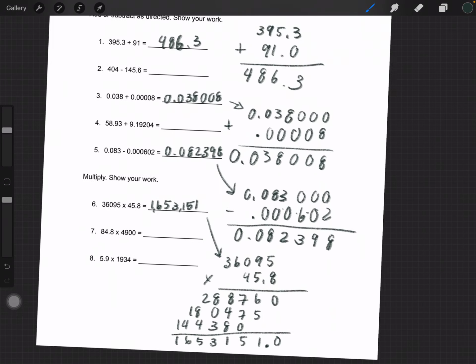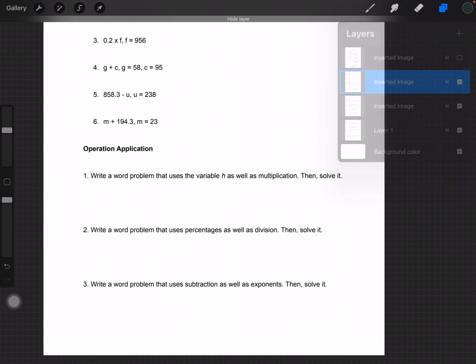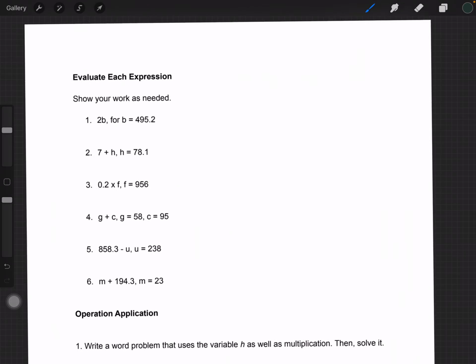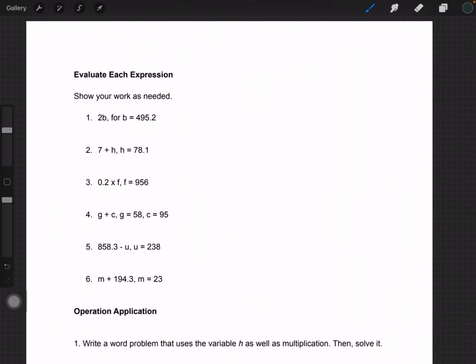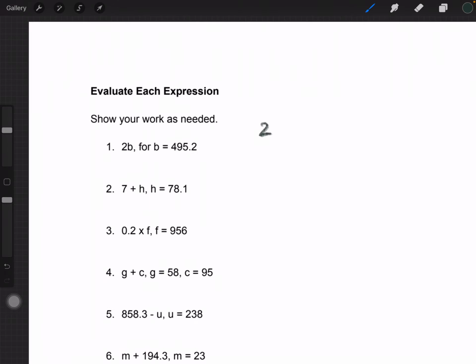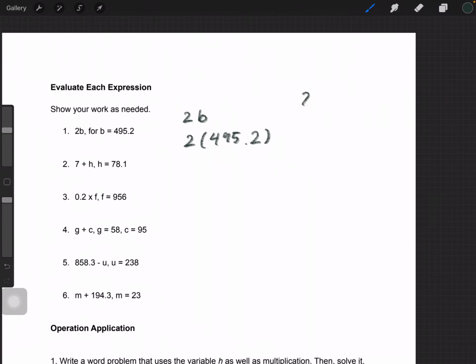Okay, moving on to the second page. We have show your work as needed for evaluating each expression. So our expression here is 2b, and we're given that b is equal to 495.2, and so we can do that over here.